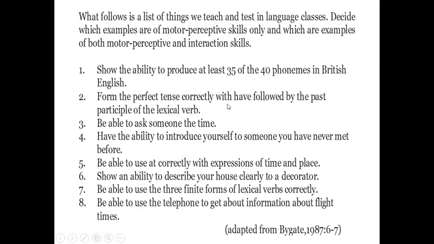Two: Form the perfect tense correctly, which is followed by the past participle of the lexical verb. Motor perceptive. Three: Be able to ask someone the time. So it is motor perceptive and interaction skills. Four: Have the ability to introduce yourself to someone you have never met before. That's the interaction skills. So try to find answers for the other things. Now think about it. You can stop the video and do that.